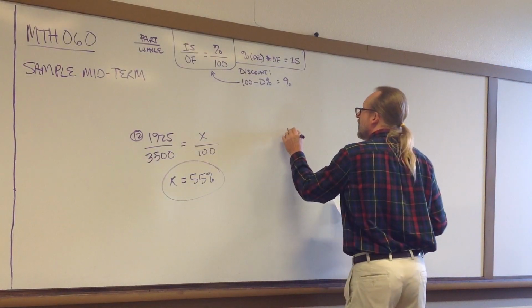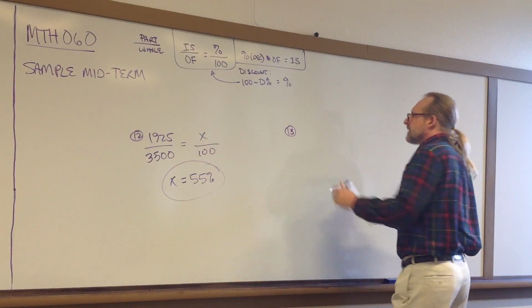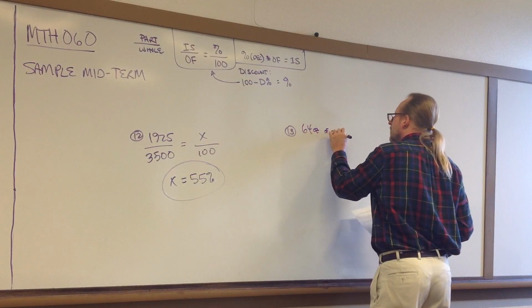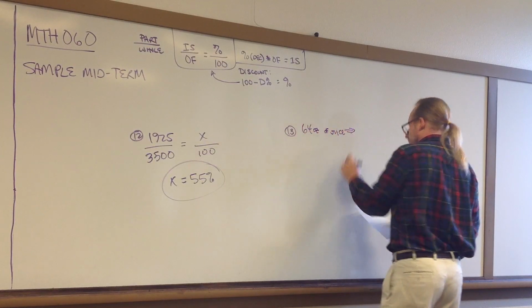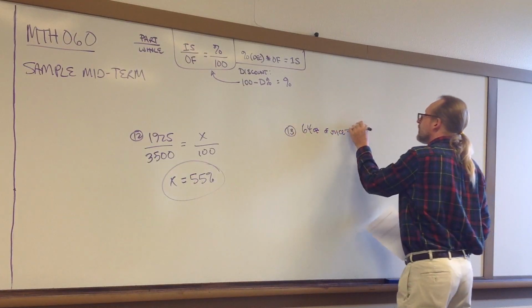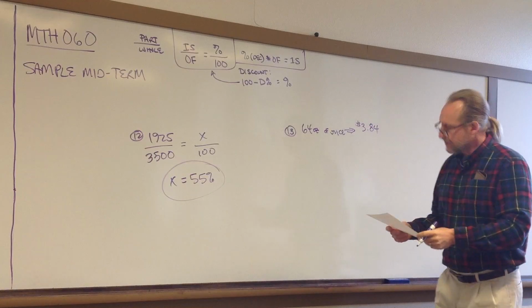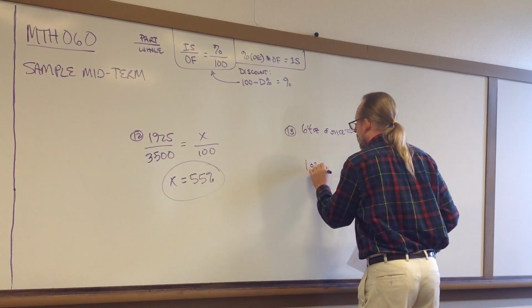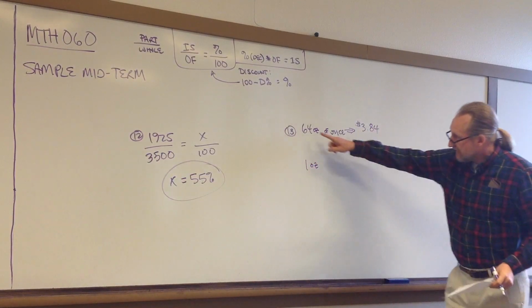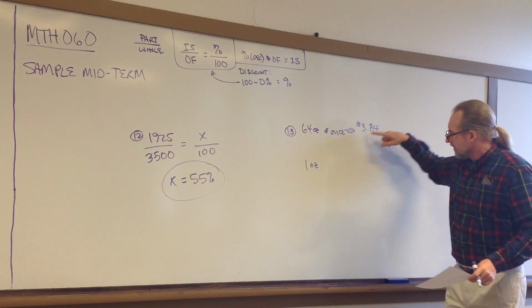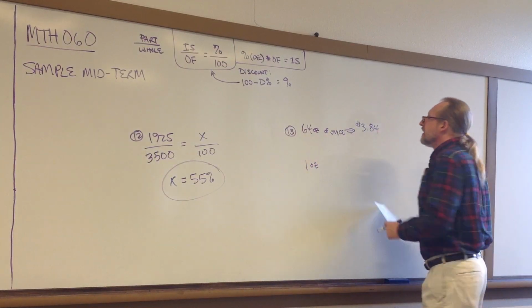Problem 13. 64 ounces of juice costs $3.84. How much does 1 ounce cost? Okay. Well, to get from here to here, you have to divide by 64, so do the same thing over here.